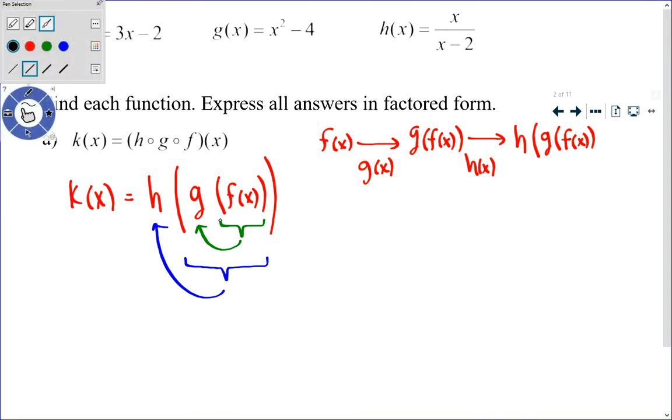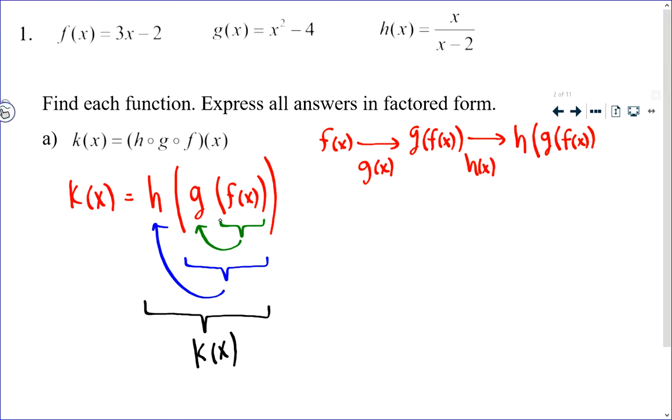And then whatever comes out of the whole thing is the answer to the problem. It's k of x. Either of these schematics or diagrams works. This is going to be a little bit more difficult than it would be if we were working with numbers.